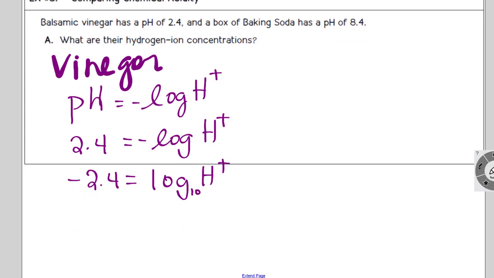So this says, what do I raise 10 to get this ion concentration? The answer is -2.4. I can rewrite this as 10 to the -2.4 is equal to the hydrogen ion concentration.